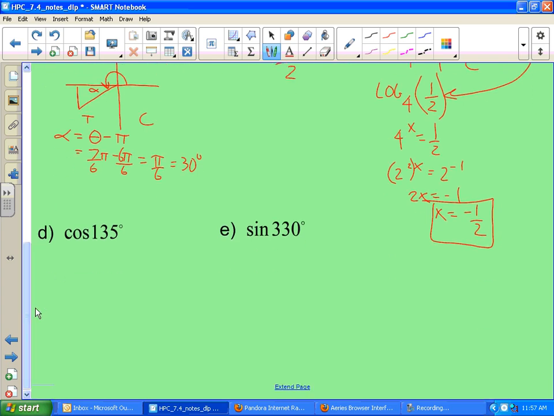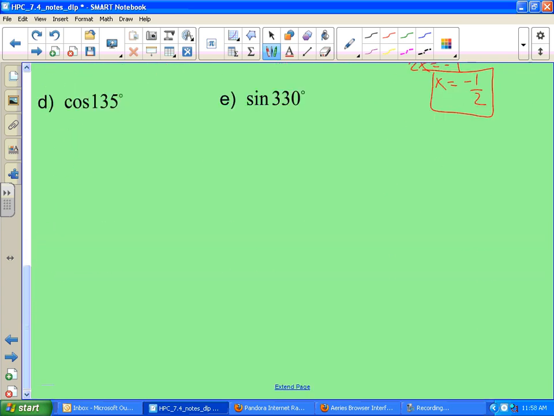All right, next two. 135 is over here, quadrant 2. Reference angle is going to be 45 degrees because of 180 minus theta. I am in negative cosine world. So my answer, I automatically know, is going to be negative.